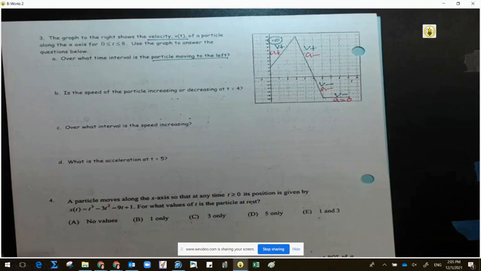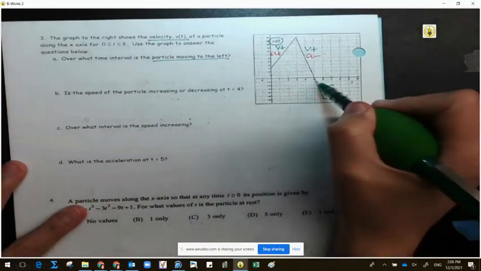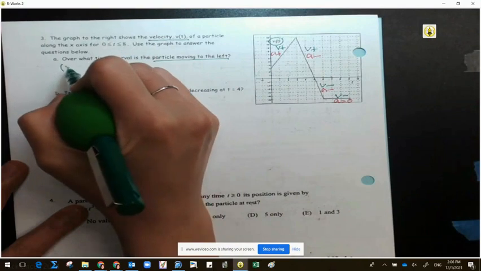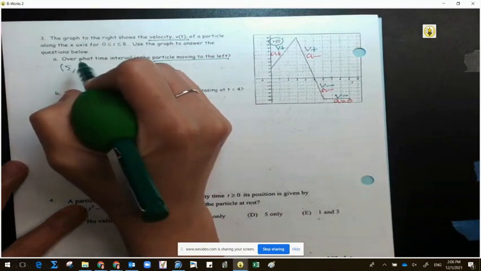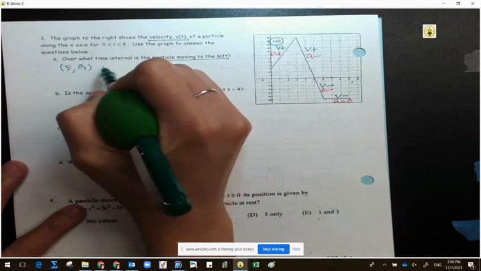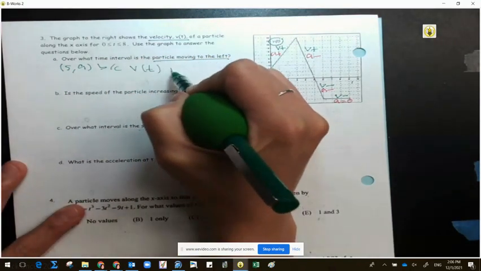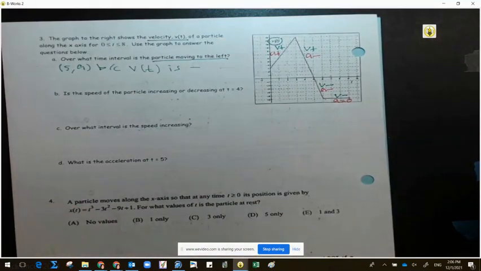Negative. So where do I have my negatives? So we know 5 to, is it 5 to 8? I see 5 to 9. And that is because V of t is what? Is negative. Don't tell me V of t is decreasing. It's physically negative as the value.